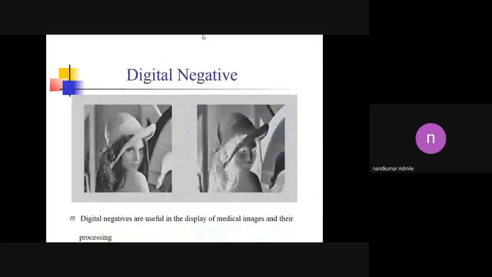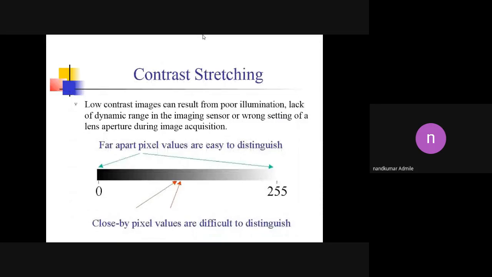The second concept is contrast stretching. As we discussed earlier, in point processing we deal with individual pixels. Here we consider the example of an image of size 256 by 256. To describe that image, we always start with the 0 pixel value.